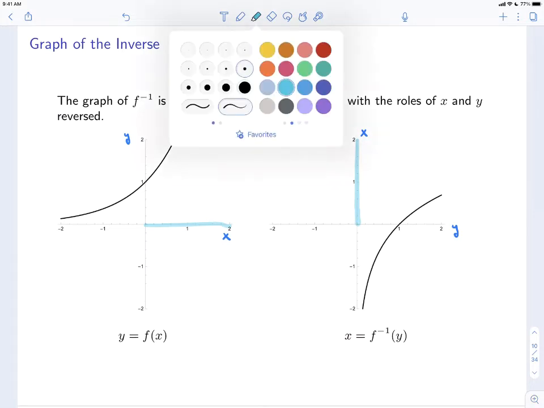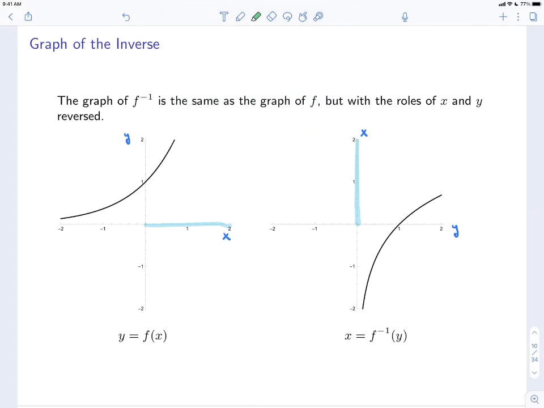And if we just change the color here, the positive vertical axis for the positive y corresponds to the right part of the horizontal axis, as you can see here. So what we actually have is that the graph on the right, which is the graph of the inverse, is the mirror image of the graph on the left, which is the graph of our original function. And that's because what we're doing is we're swapping the roles of x and y.